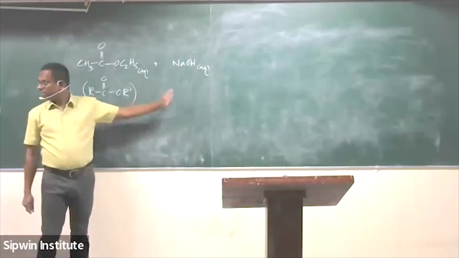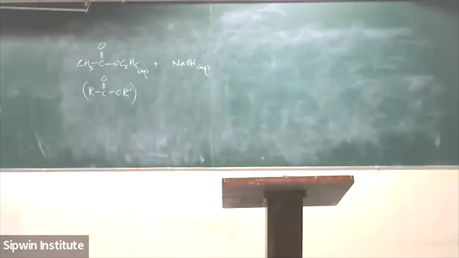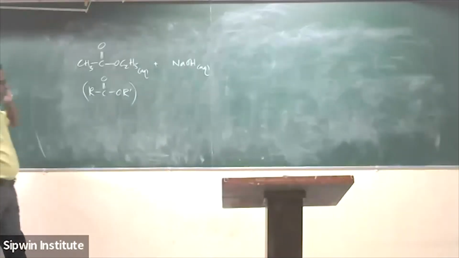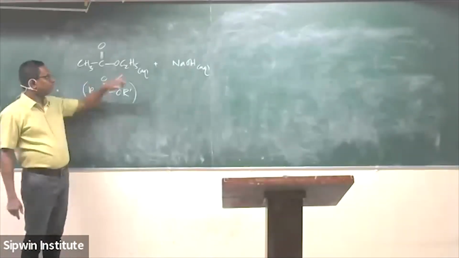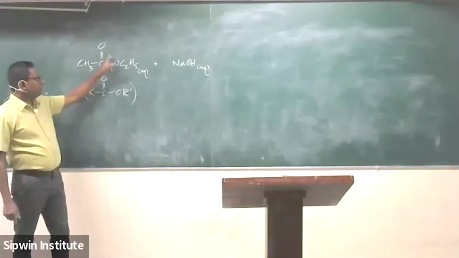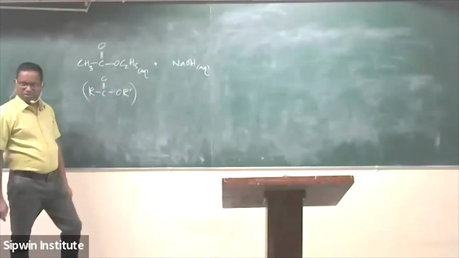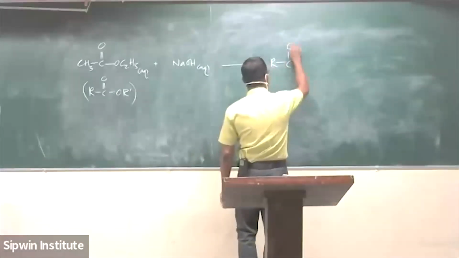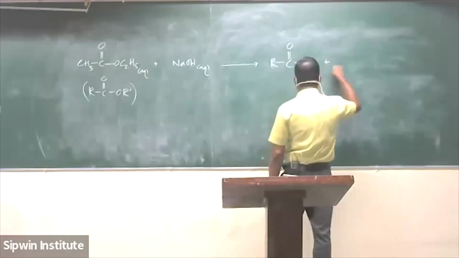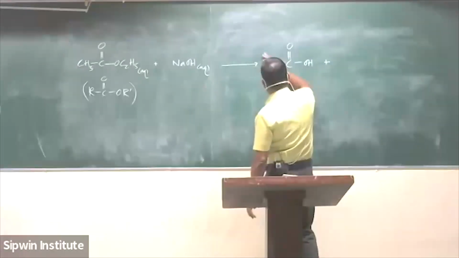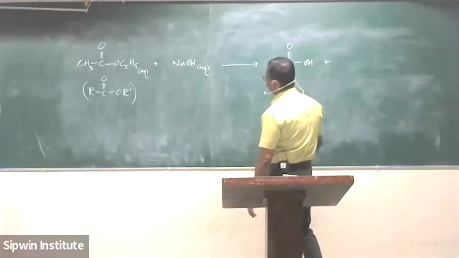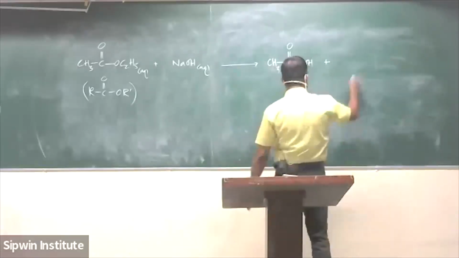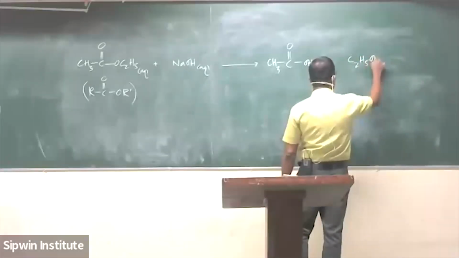When you add sodium hydroxide, this one breaks into two parts. They produce carboxylic acid, RCOOH, and the alcohol, C2H5OH.